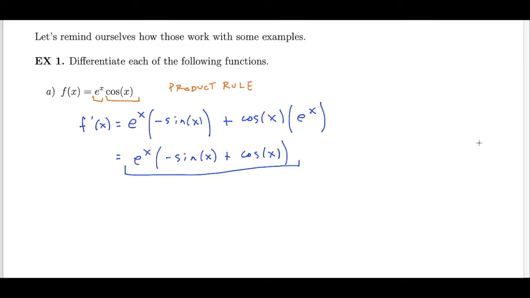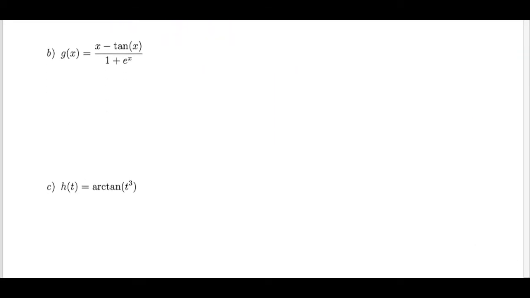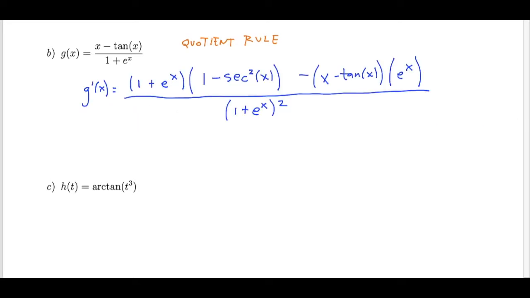Let me scroll down to the next part. In part B, I clearly have a quotient of two functions, so I'll be applying the quotient rule. Following the required structure, let me go ahead and work through those calculations. Let me explain the ingredients that I've ended up with here. My quotient rule tells me to take the denominator and leave it undifferentiated, and then multiply by the derivative of the numerator.